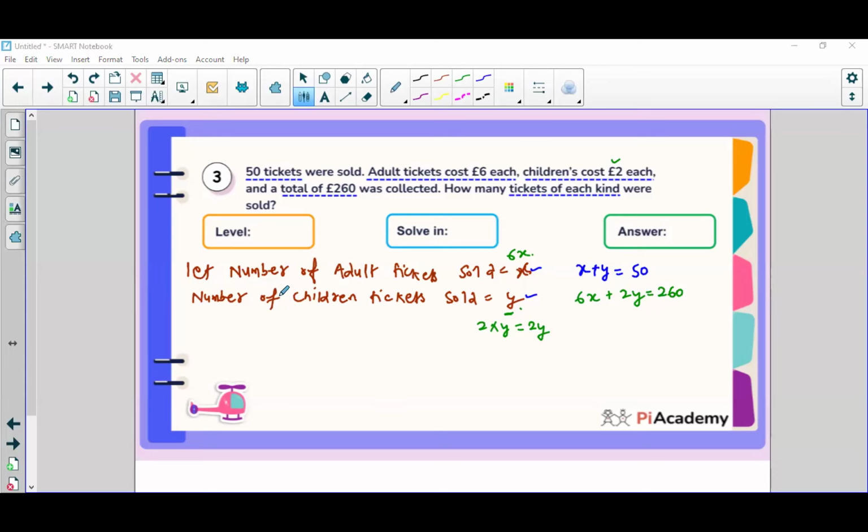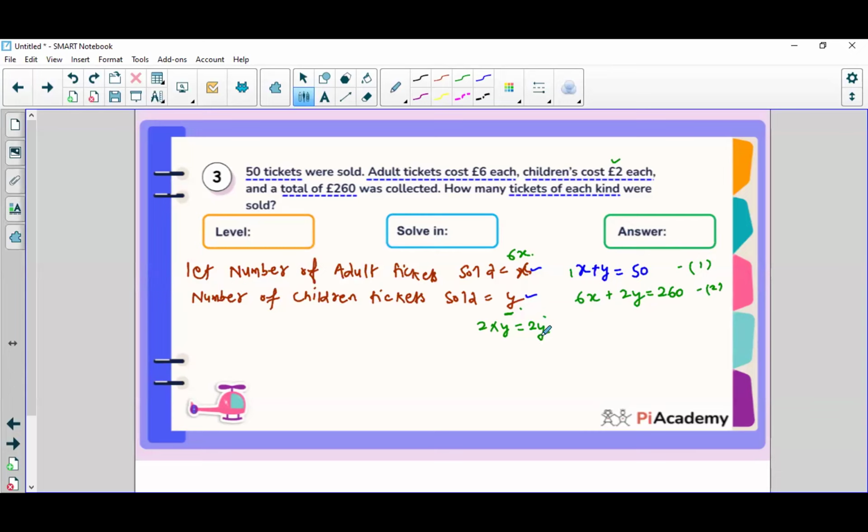Now the same thing we have to apply to solve the simultaneous equations. Suppose here I want to eliminate X. So let's check in both equation number 1 and equation number 2, what is the difference? In equation number 1, the coefficient is 1, and in equation number 2, the coefficient is 6.